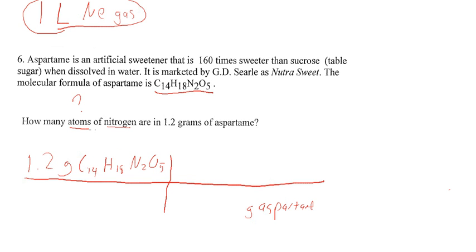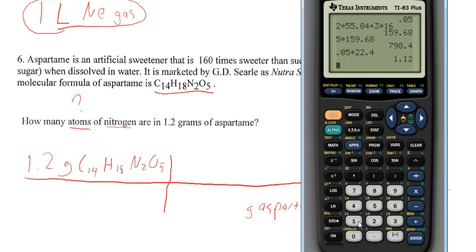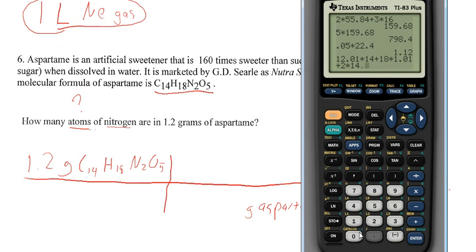Okay. So I see here that I have to go ahead and add the mass of this up on my calculator. Okay, so if you look on your periodic table, rounded to two places, you see that carbon is 12.01, and there are 14 carbons, plus I have 18 hydrogens that each have a mass of 1.01, plus I have 2 nitrogens that have a mass of 14.01, plus I also have 5 oxygens that have a mass of 16.